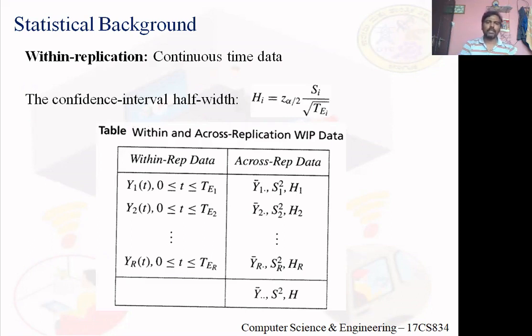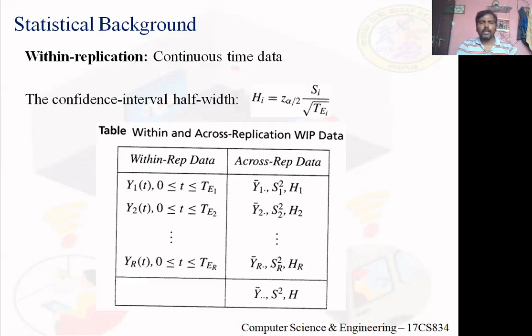So within replication, this y1 of t, y2 of t, yr of t, they are continuous data because time is continuous. Y1 of t represents the number of parts at time t, y2 of t represents the number of parts at time t. Similarly, yr of t represents the number of parts at some other time t.